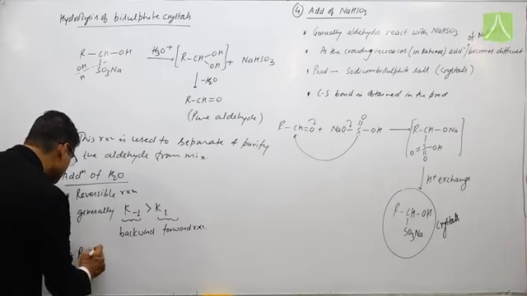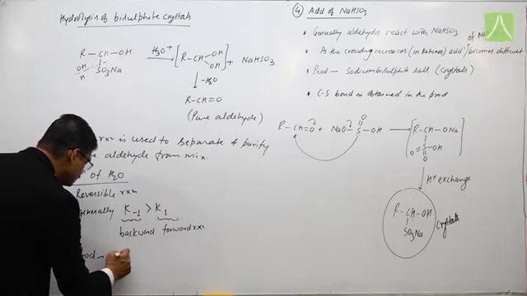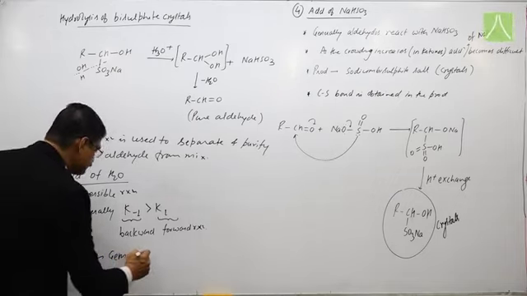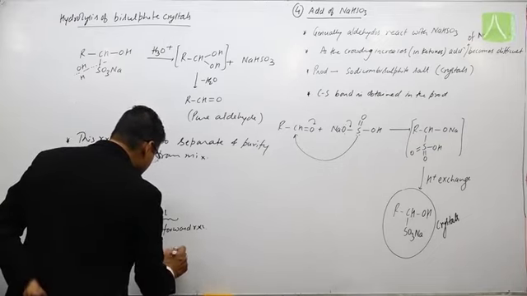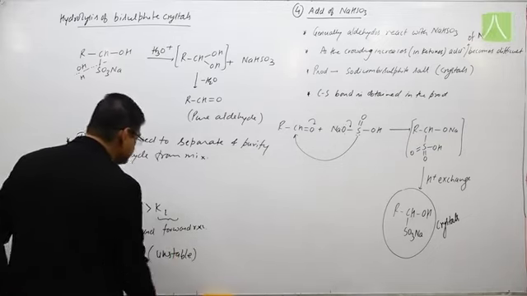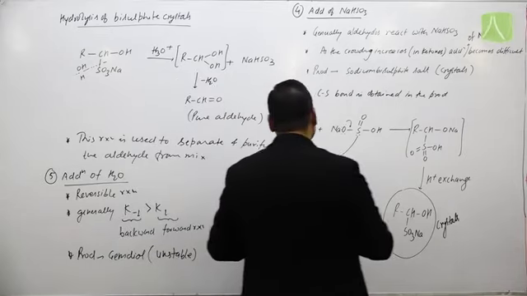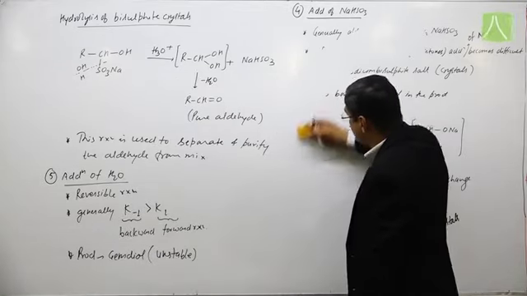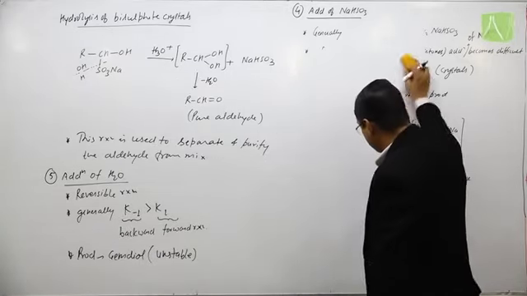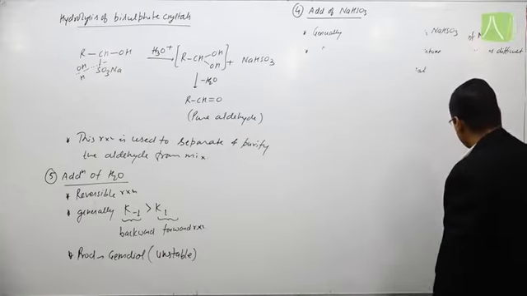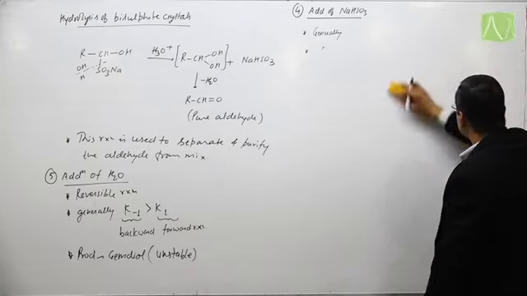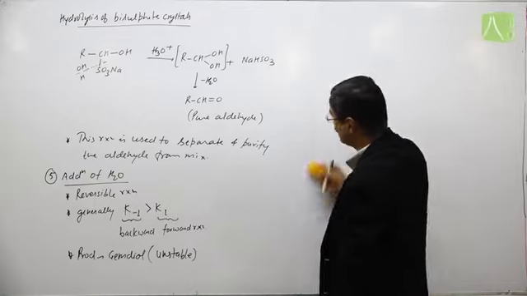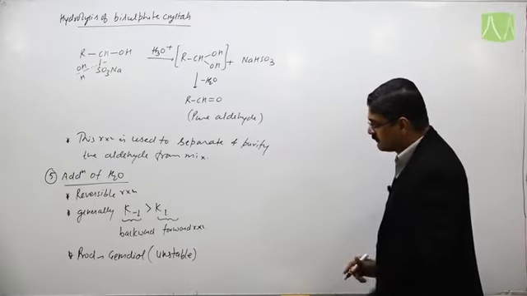The product is a gem diol. This product is unstable. Therefore the reaction is reversible, and the rate of the reverse reaction is greater than the forward reaction in many cases.